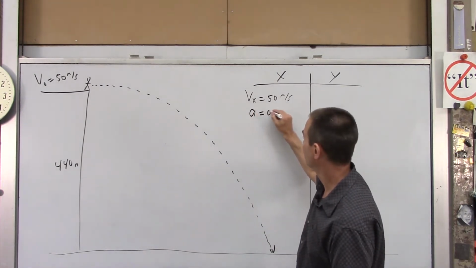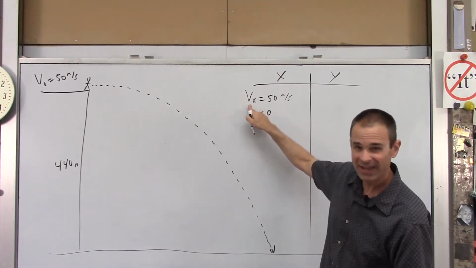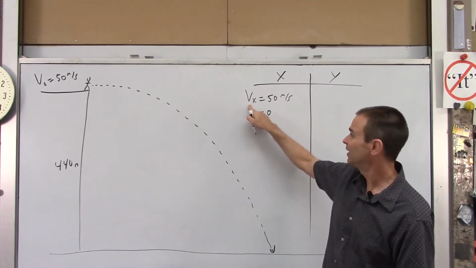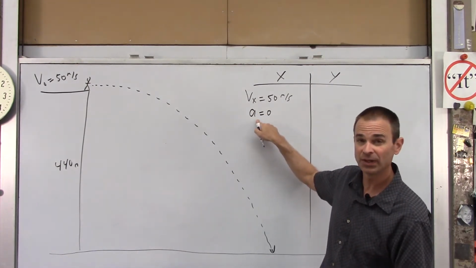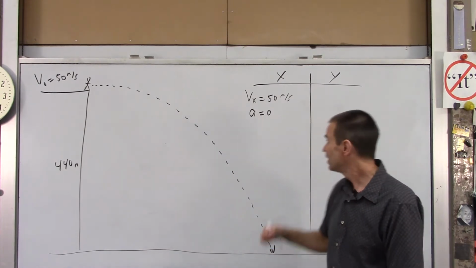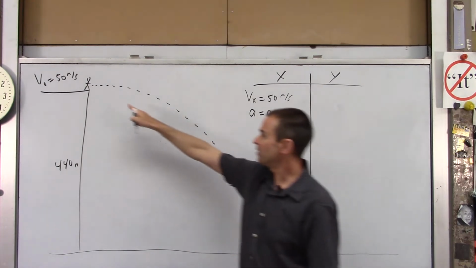So a is 0. Notice over here, I didn't put V start or V naught or Vi. I just put Vx because it's not going to change, because there is no acceleration in the x direction. In the vertical direction, what's the starting vertical velocity?